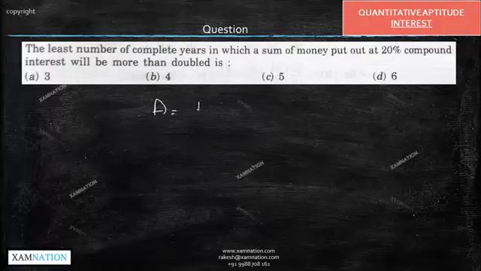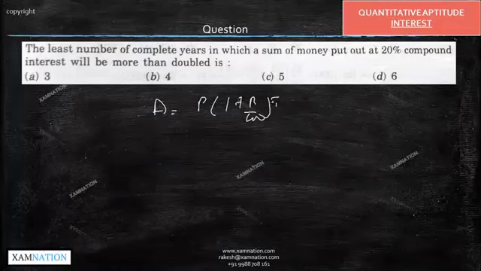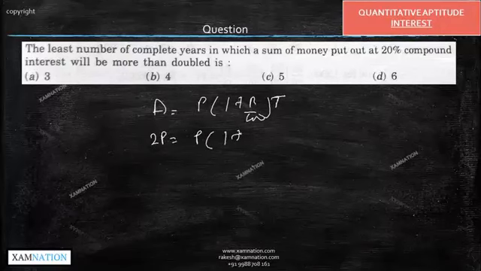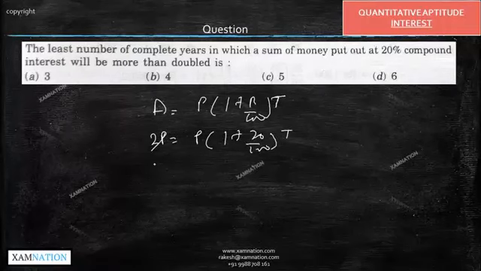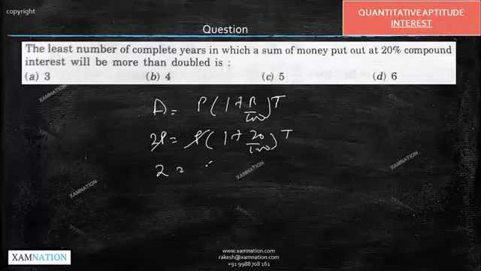We know the amount formula is P(1 plus R upon 100) to the power T. This A is double of P. So 2P equals P, 1 plus R is 20%, and time we need to calculate. So 2 equals (1 plus 0.2) to the power T, so 1.2 to the power T.